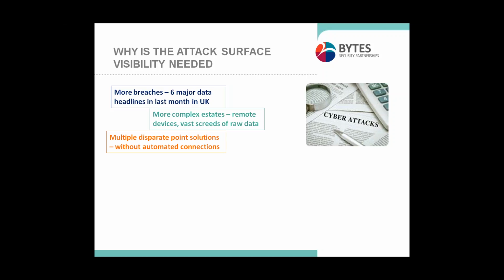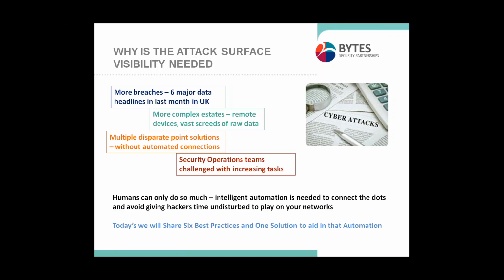Coupled to that, there's multiple solutions that people have in place, IPS, different point solutions in addition to firewalls and content security and APT, and these don't talk to each other very well, so that just makes the security ops team's job harder. And that's essentially our last point. Security operations teams are being tasked to do more and more and more with essentially less resource. So we need some form of intelligent automation, to connect the dots essentially between these expert systems and avoid giving hackers time to play undisturbed on your networks.